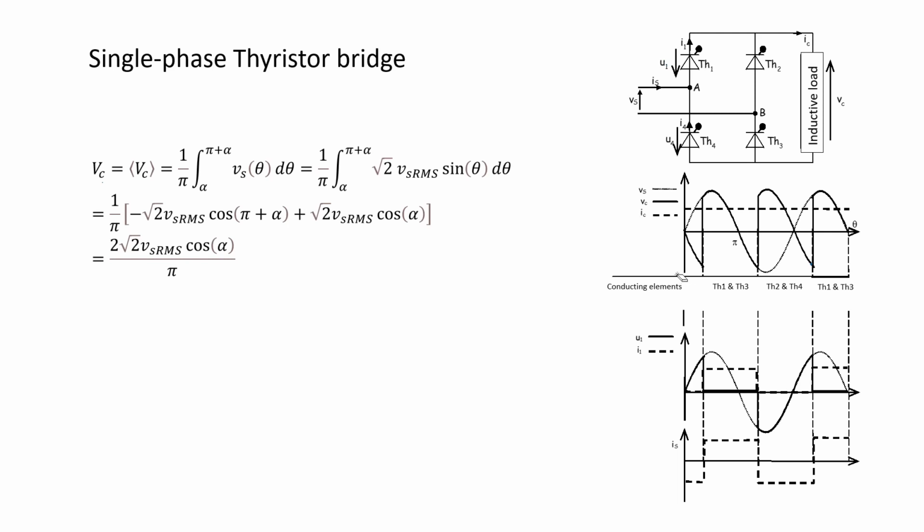So the way we turn two thyristors on is, for example, we want to turn thyristor 1 and thyristor 3 on at the same time. So we use only one signal but send it to the gate of both thyristors.